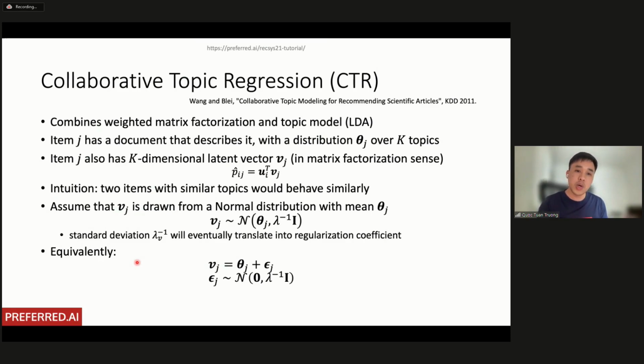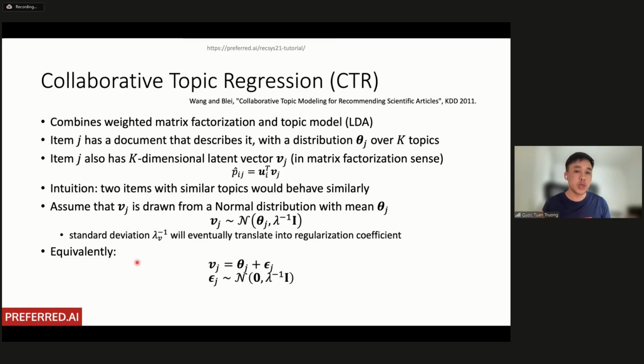Okay, so the idea of this paper is that we use the topic model to model the text. The assumption is that each item has its own text document. In this paper, they experimented with scientific articles, so each item is a scientific article. For each document, they try to learn the distribution of topics over that document and item.